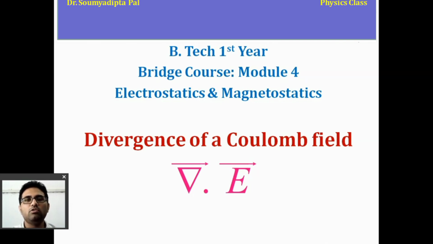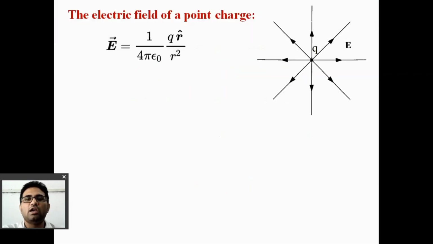Today we will discuss this divergence of electric field when the electric field is of the Coulomb type. That means if we have a point charge at the center, then the electric field is radially outward, and the form of the electric field at a particular distance r will be like this. So this electric field is dependent on r only.